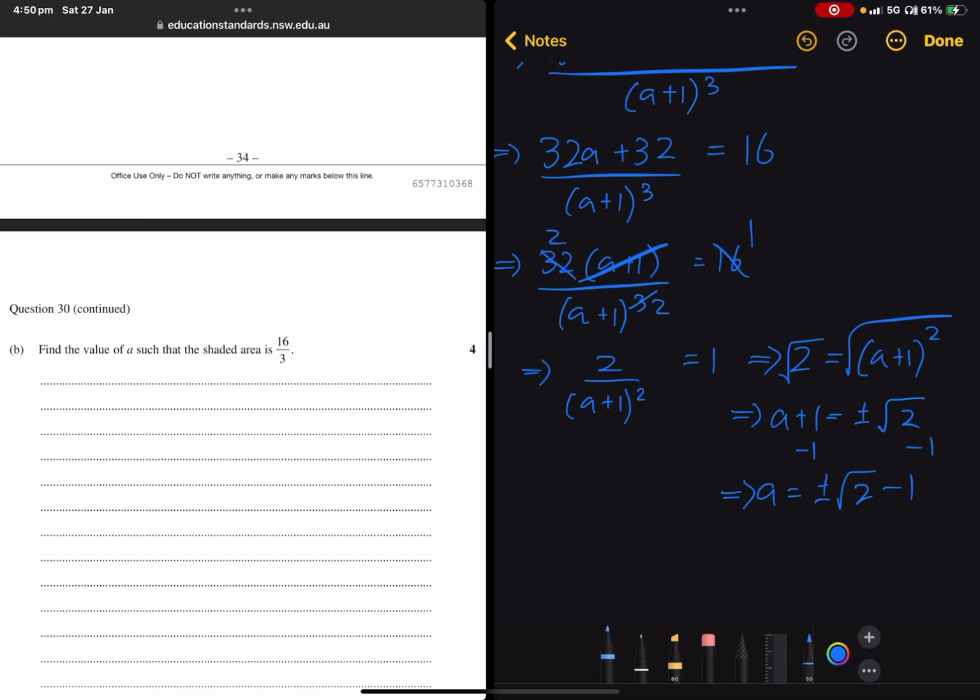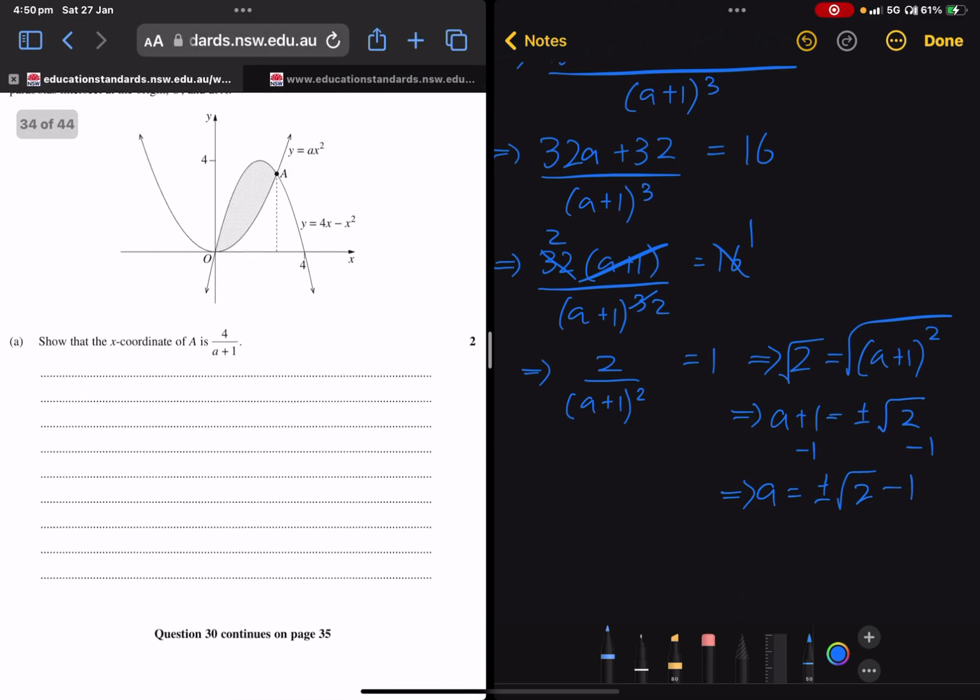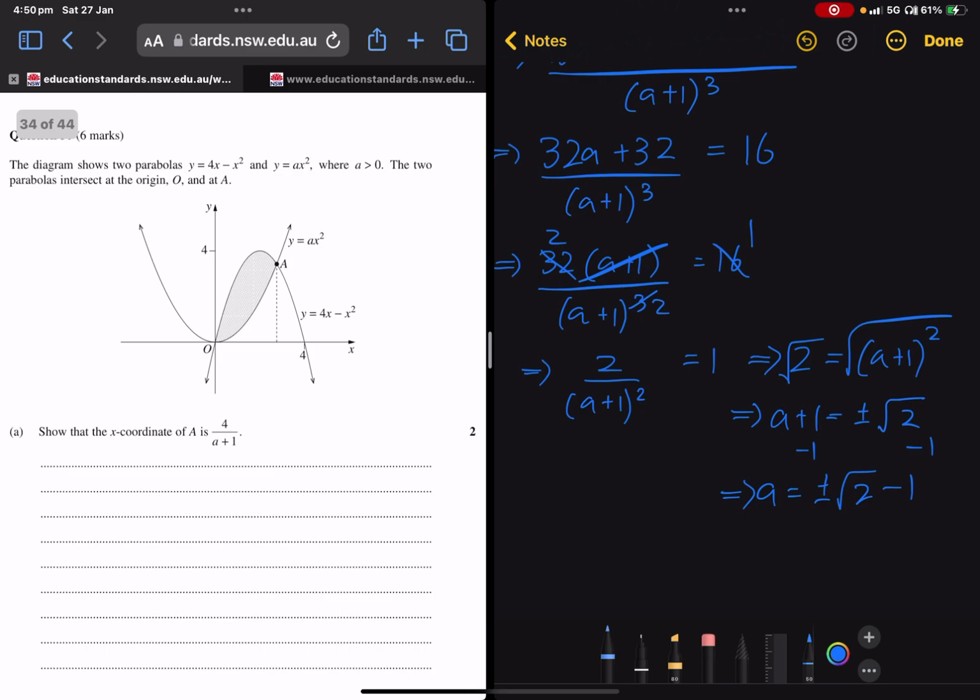However, the question specified for us that a was greater than 0. Right at the start, it says a is greater than 0. So this means that the answer we're after is root 2 minus 1. It can't be minus root 2 minus 1 because that answer would be negative, and so that would render the condition a being greater than 0 as impossible.